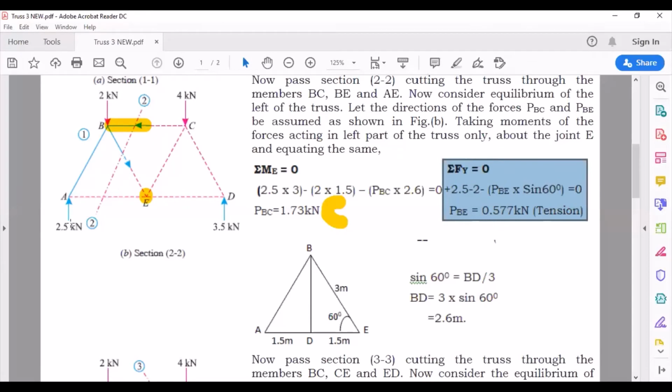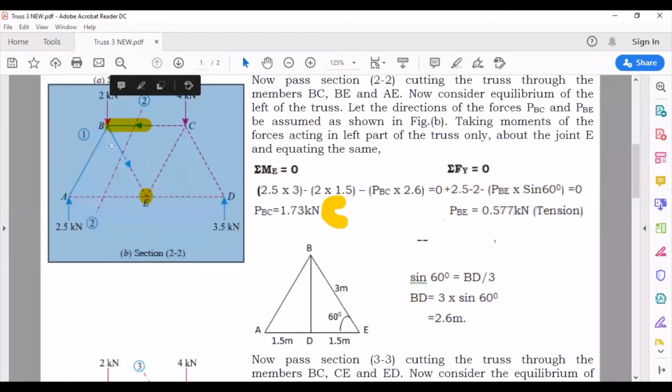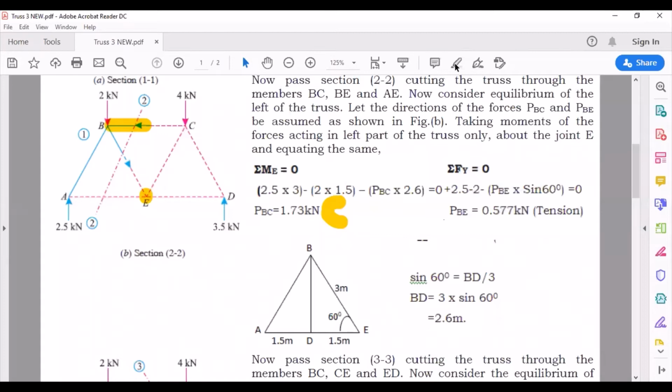You have 2.5 kilonewton acting upwards and 2 kilonewton acting downwards, so it will be plus 2.5 minus 2. Next is the vertical component of BE. The angle here is 60 degrees.